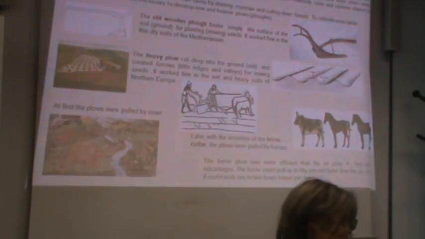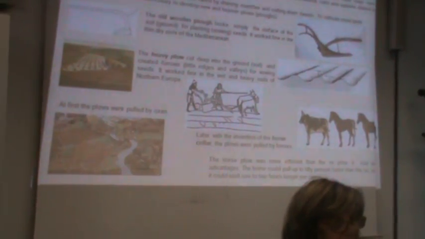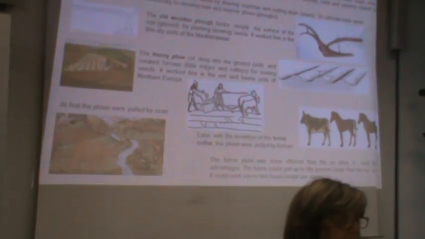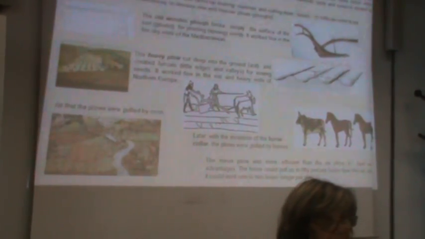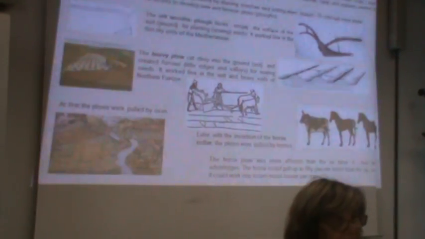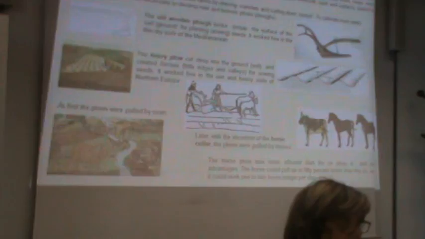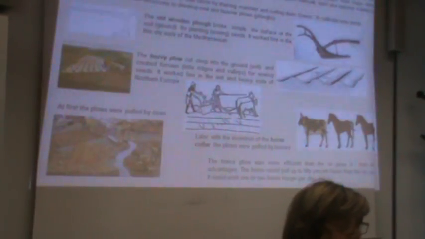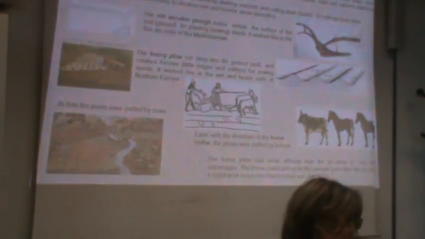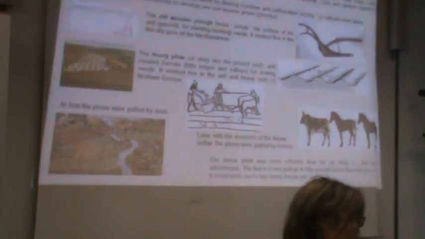So in this second lesson, there is more information about the metal tools, and they have to read the text and underline the words that indicate the agricultural innovation. The students know some words, some innovations.